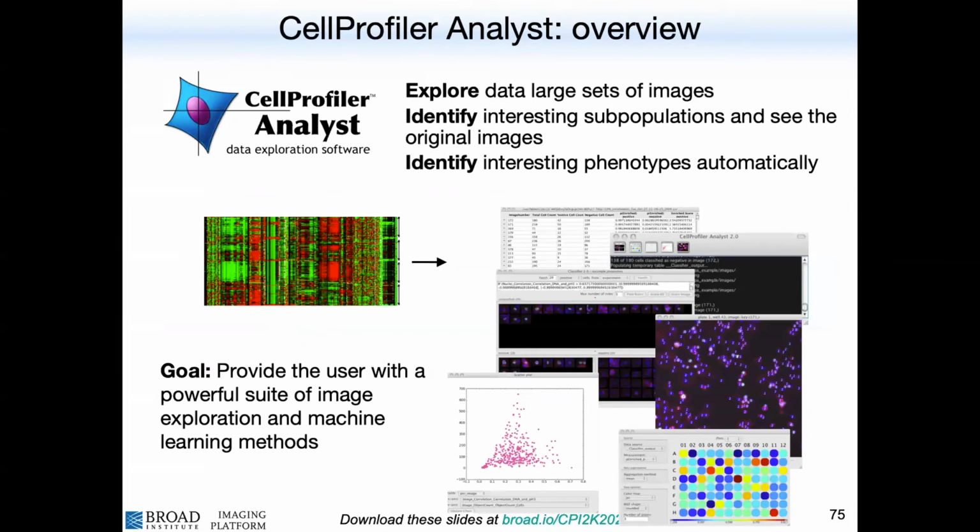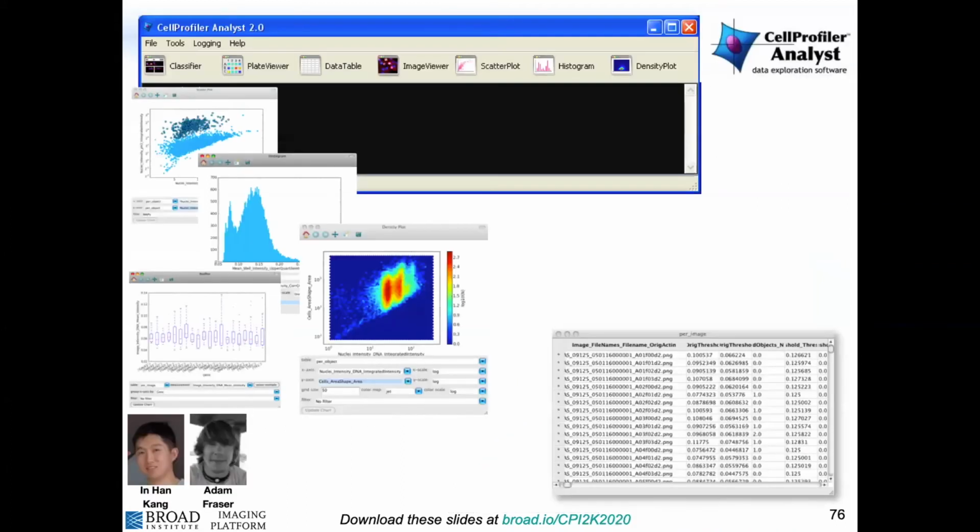With CellProfiler, we made measurements and generated numbers, and with CellProfiler-Analyst, we actually want to look at the features, create phenotypes and answer the questions we care about. CellProfiler-Analyst has several features that are very interesting.